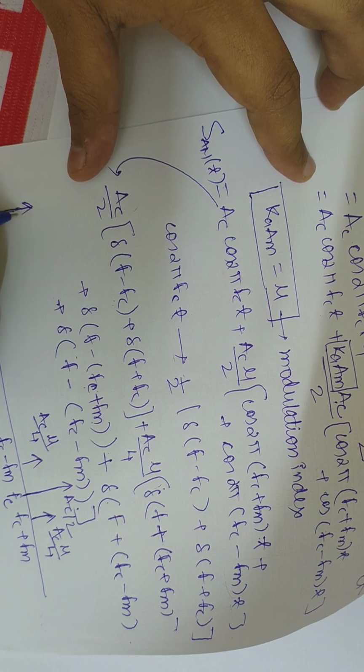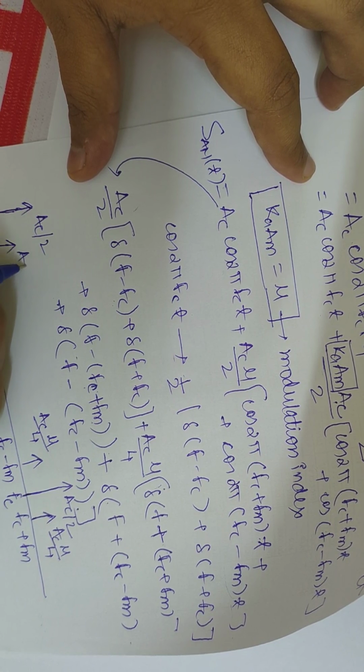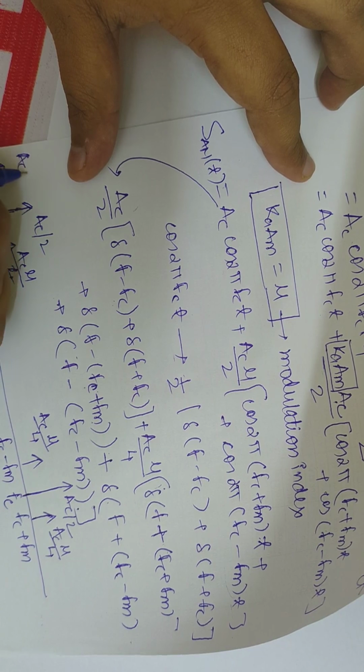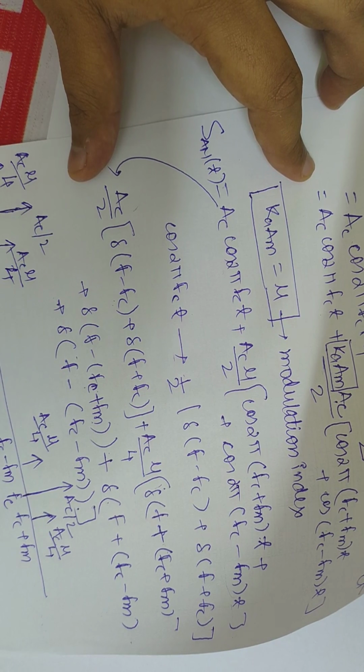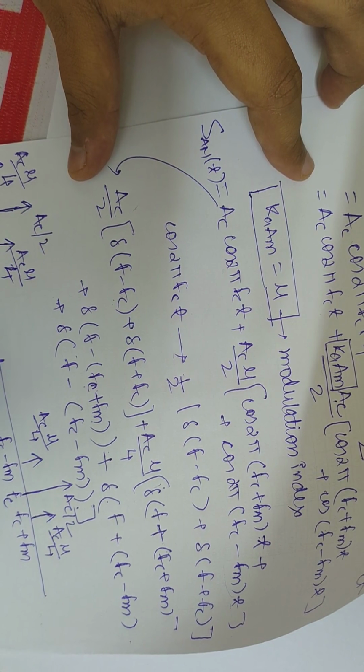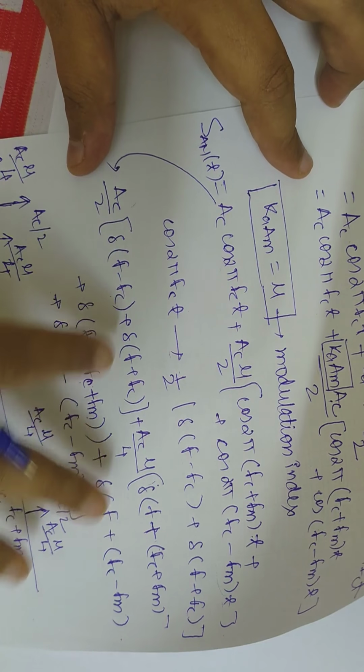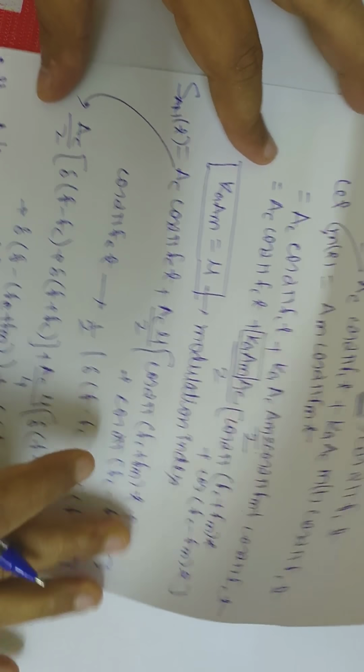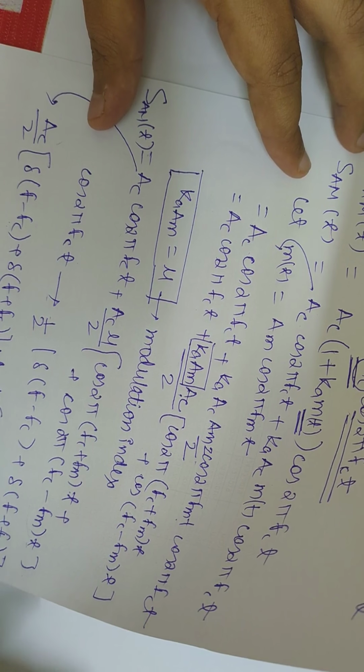The amplitude will be Ac by 2 at minus fc, and Ac mu by 4 at the others. This is the spectrum of the AM signal, the amplitude modulated signal.